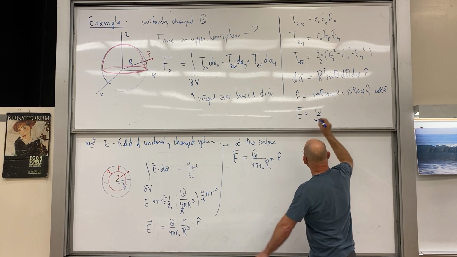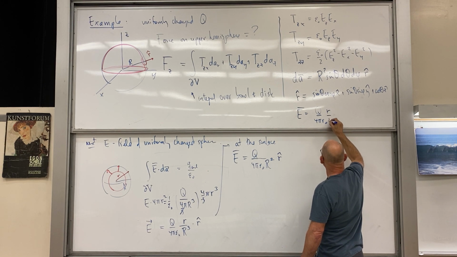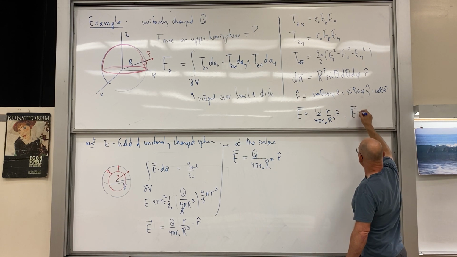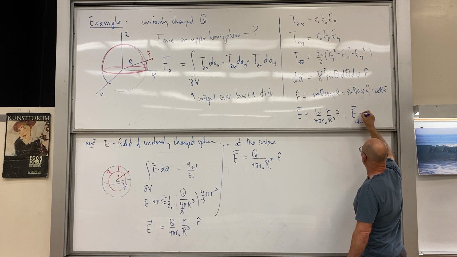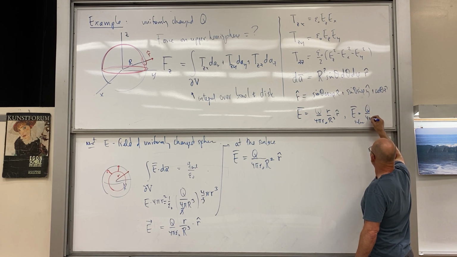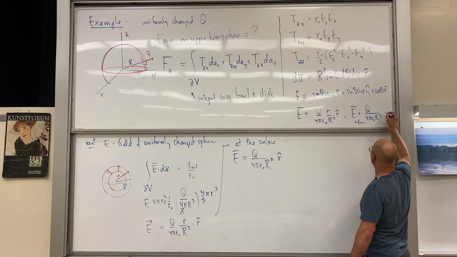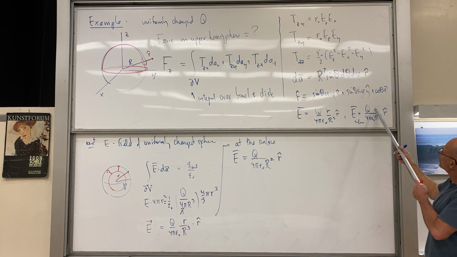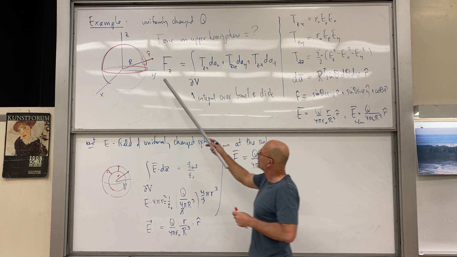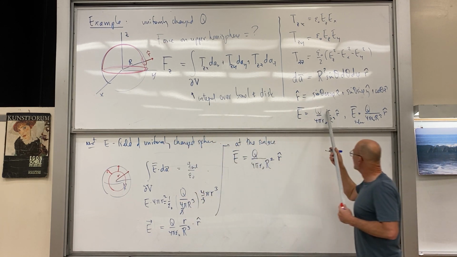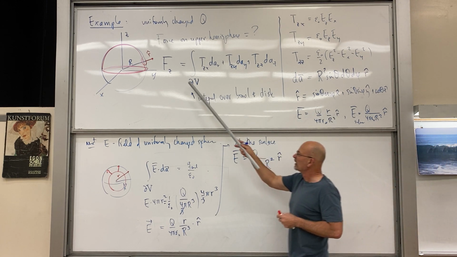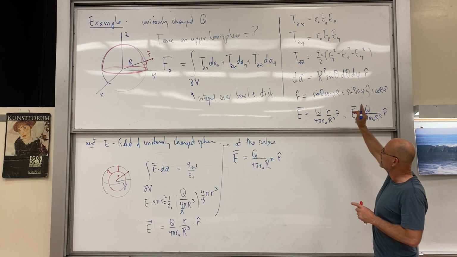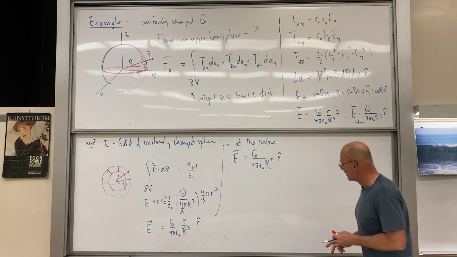I'm actually going to hold on to this one. r over R cubed r hat, and E surface is Q over 4 pi epsilon naught R squared times r hat. So we're going to use this one when we integrate over the bowl, but we're going to have to use this one here when we integrate over the disk. So I think we have all of the ingredients. I'm going to erase this, leave these up and then go to work on this.